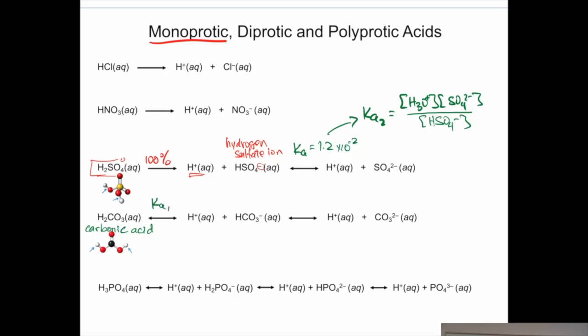The first Ka is on the order of 4.3 times 10 to the minus 7th, so it's a pretty weak acid. And that just produces hydronium ion and the hydrogen carbonate ion, but you know it as the bicarbonate ion.